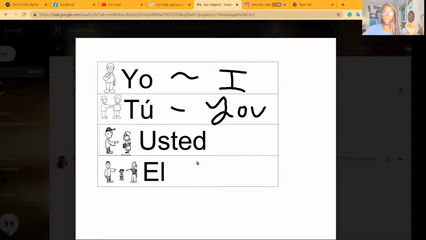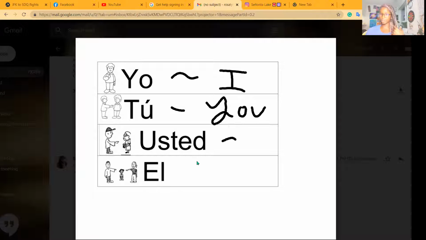Usted is you, but it's very formal, and it's also for an older person, right? You don't say tú to your mother, or your father, or an elder. In the Spanish-speaking culture, it is very important that you are using usted and not tú.